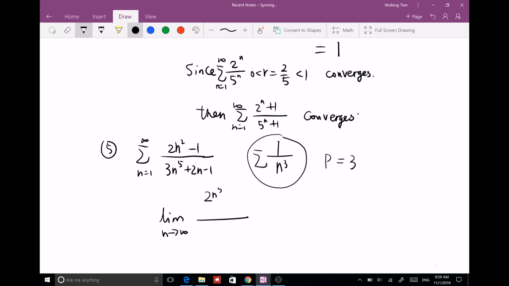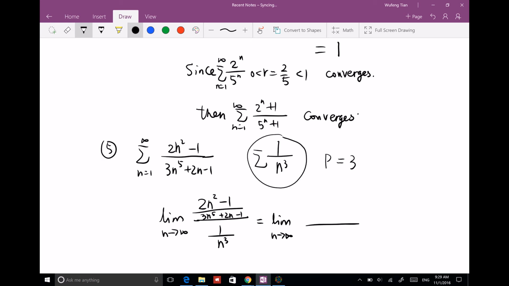2n squared minus 1 divided by 3n to the 5th plus 2n minus 1, divided by 1 over n cubed, which you can flip.